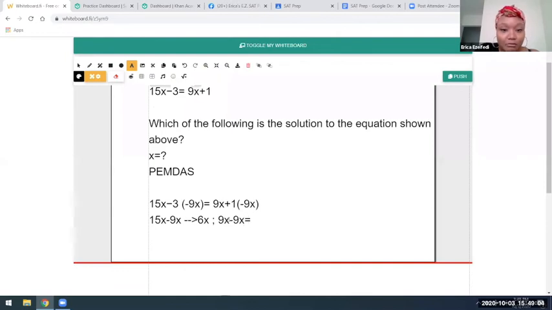That equals 0. So let's rewrite what we have. We have 6x, which we got from 15x minus 9x. We're going to put it back together: 6x minus 3 equals 1.